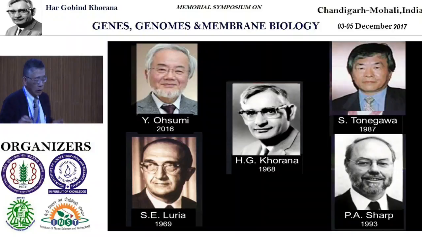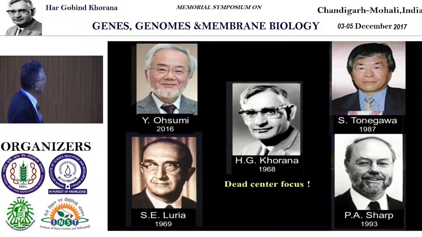So look for a great person who has insight, very consistent with patience. Unfortunately, Tonegawa wasn't a patient person, but other people were very patient. But my Gobind used to say dead center focus, and that's what these people did.